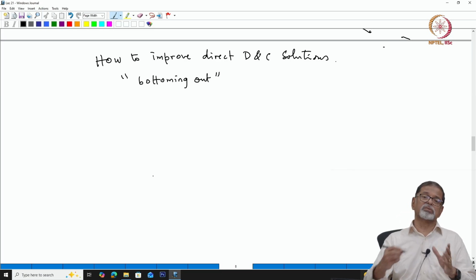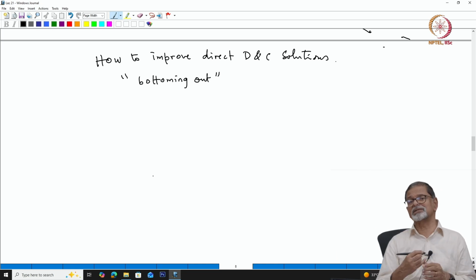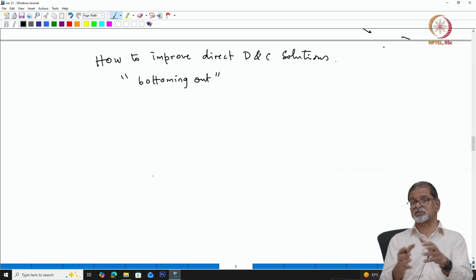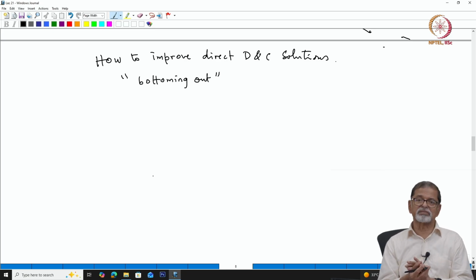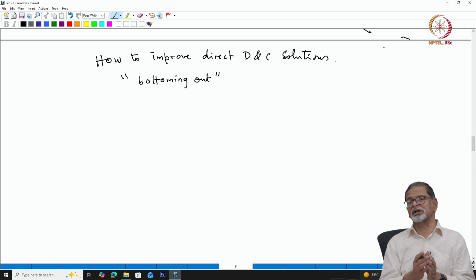You do not have to go on splitting to the smallest problem size, even slightly larger size. If you can bottom out, it contributes to efficiency. We have seen that the recursion tree becomes smaller when we attempt to bottom out at larger subproblems. So, that is one opportunity to improve.